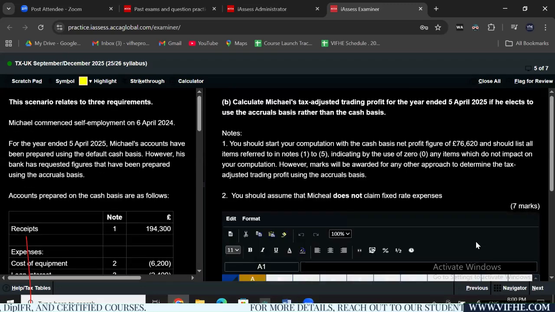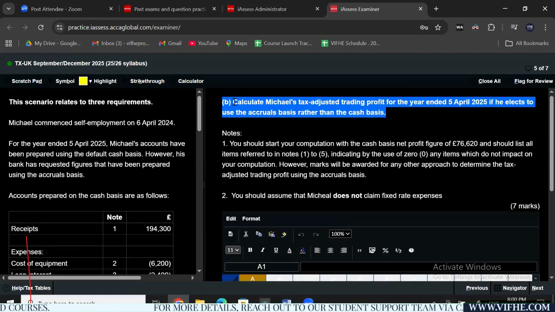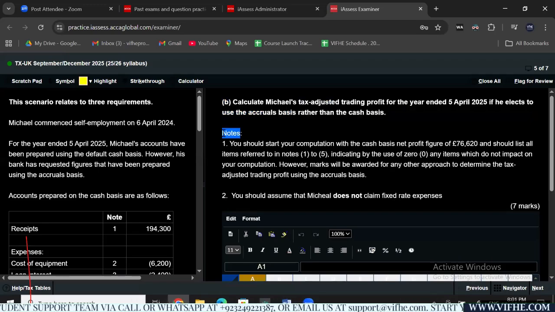Now, there is a requirement worth 7 marks where we have to calculate. See, focus on the verb. Here, the calculation is only going to be done. We are going to calculate Michael's tax adjusted trading profit for the year ended 5th April 25 if he elects to use the accruals basis rather than the cash basis. And one should not forget to read the notes.